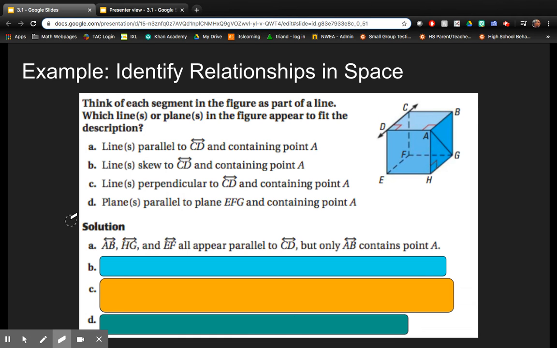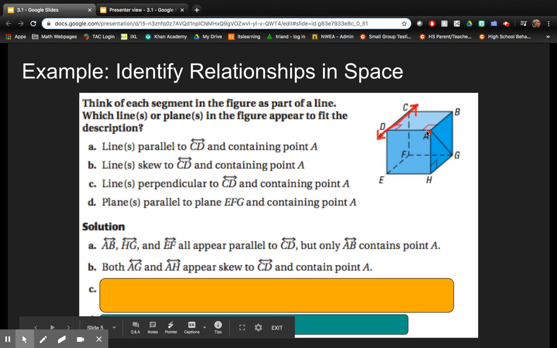Now we're looking for lines that are skew to CD and contain the point A. So again, we're still comparing this to CD, but now we want to be skew. Remember, skew means does not intersect and is not on the same plane.